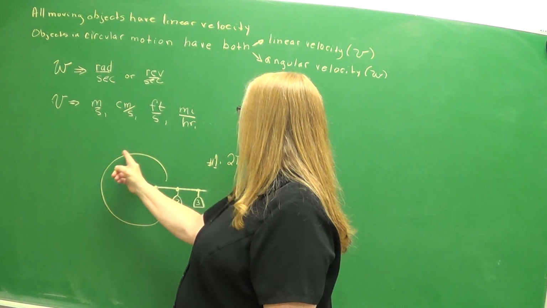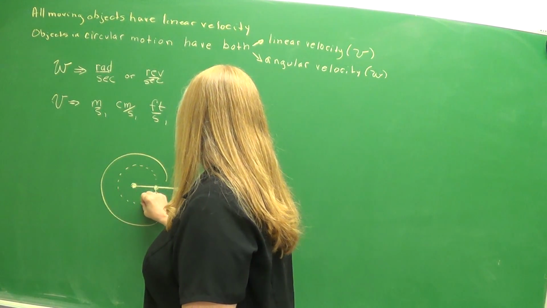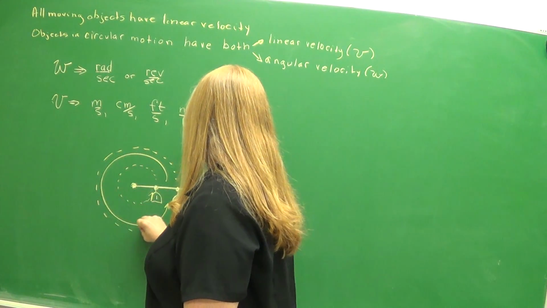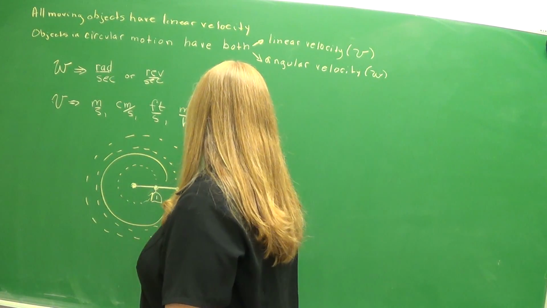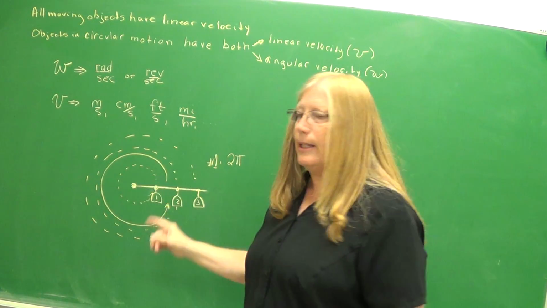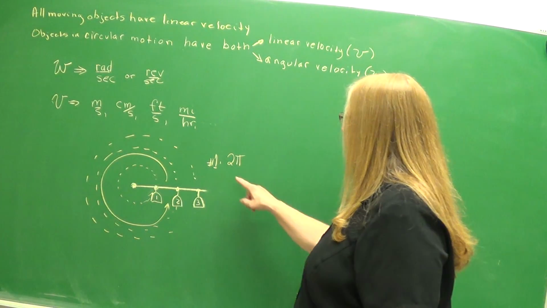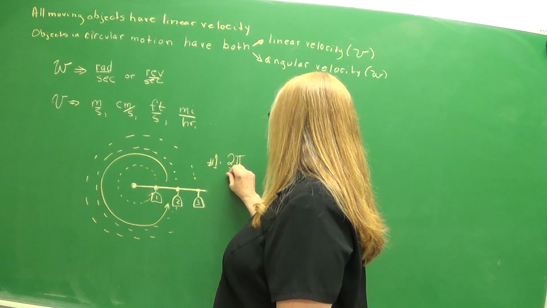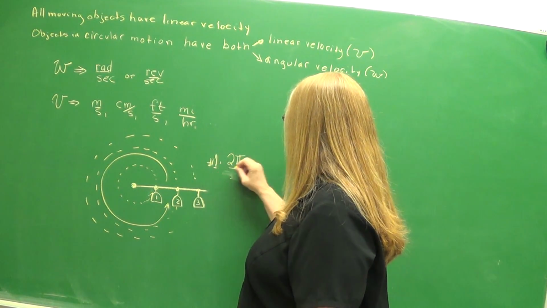Object number 1 is going to go around. I'll trace object number 1, object number 2, and object number 3. They're all connected to this string, but this dotted line will trace the path of each. Object number 1 goes around 2 pi radians in 1 second, so I have 2 pi radians per second.